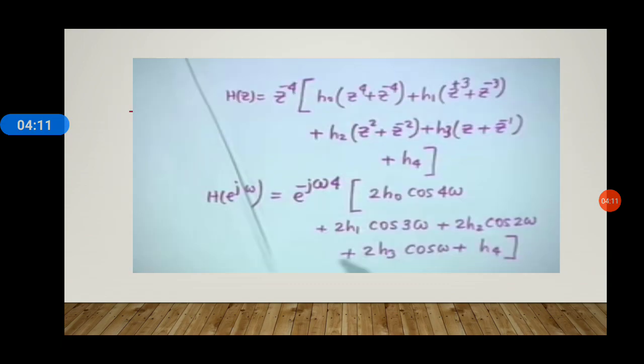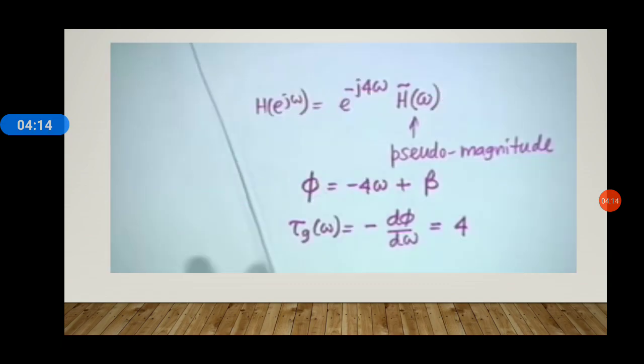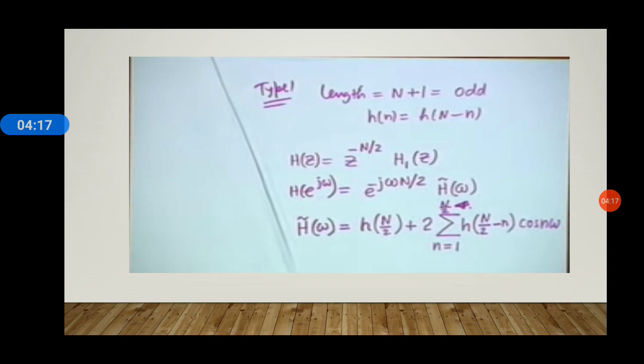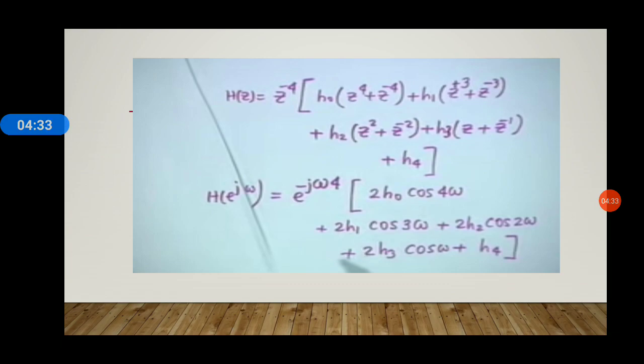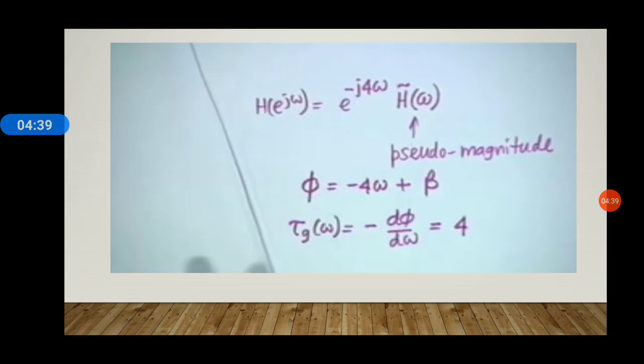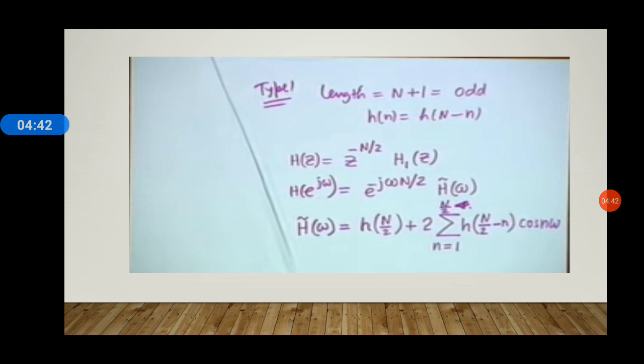Here, if this is the equation, then the general equation that we can write for a type 1 linear phase FIR filter would be H(e^jω) is equal to e to the power minus j omega N by 2, it was 4 because we started with N as 8, and the rest is written as H tilde(omega), where H tilde(omega) is h of N by 2 plus twice the summation n going from 1 to N by 2 of h of N by 2 minus n into cos of n omega.